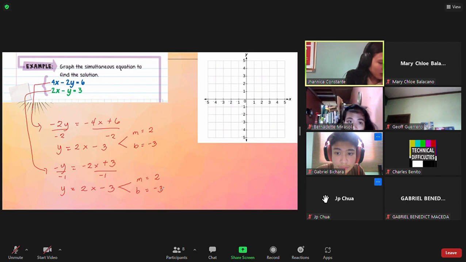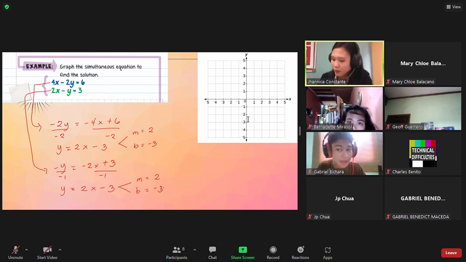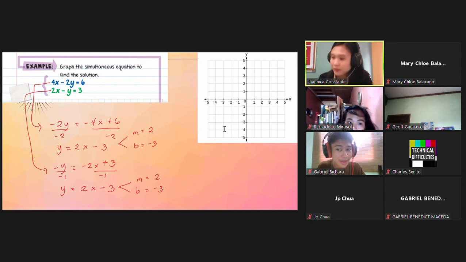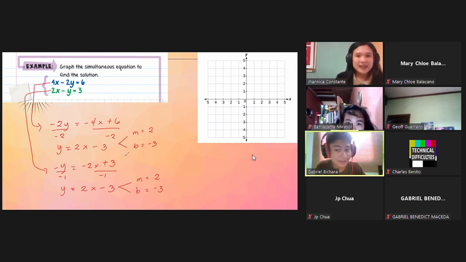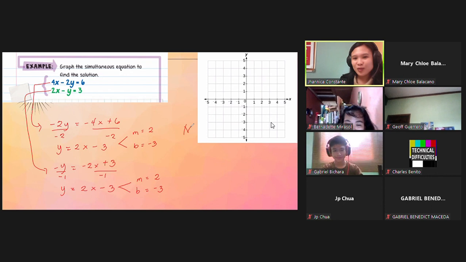So how many solutions are we going to have based on the slope and the y-intercept? Many solutions. If you have the same slope and same intercept, you will have many solutions.